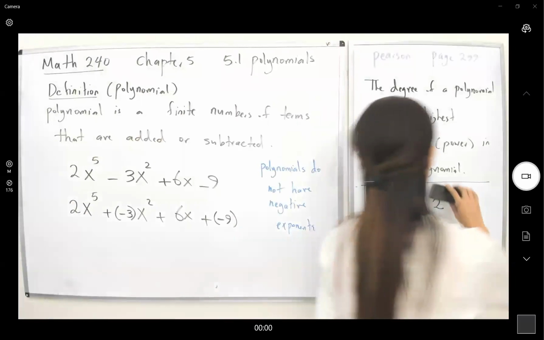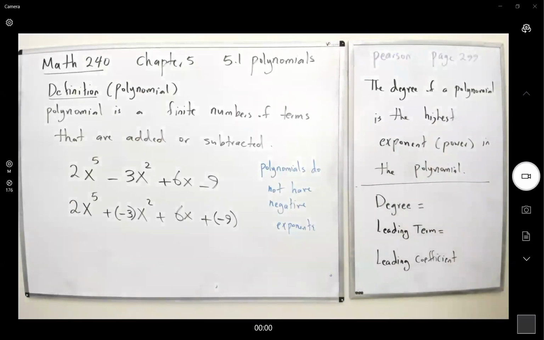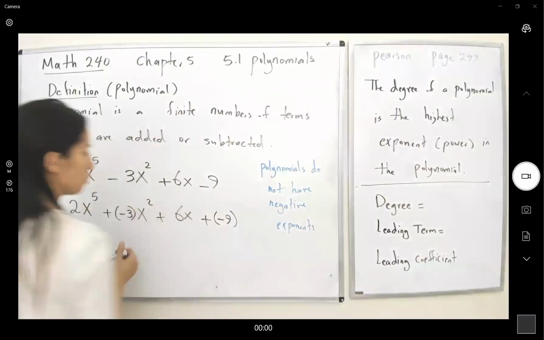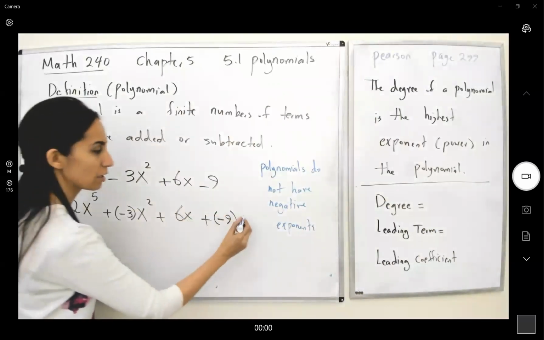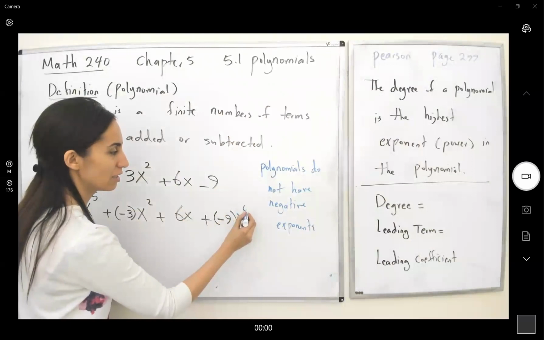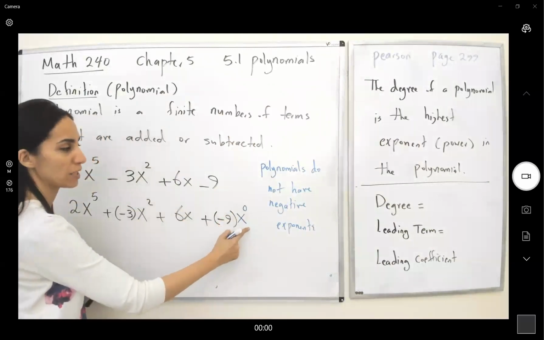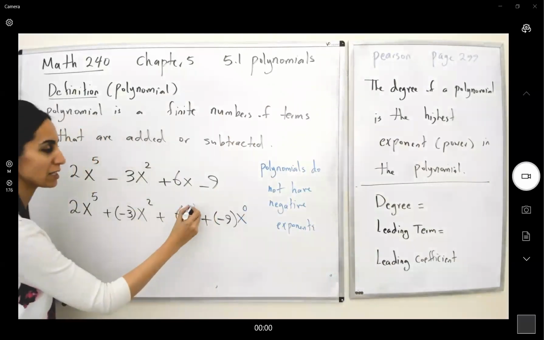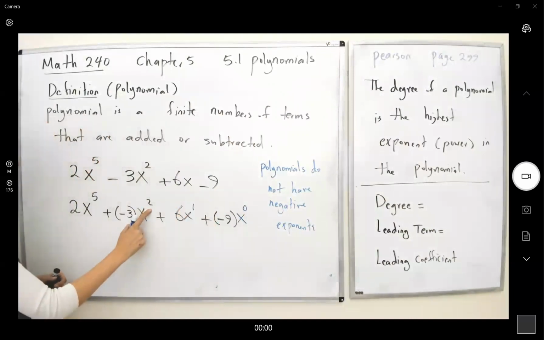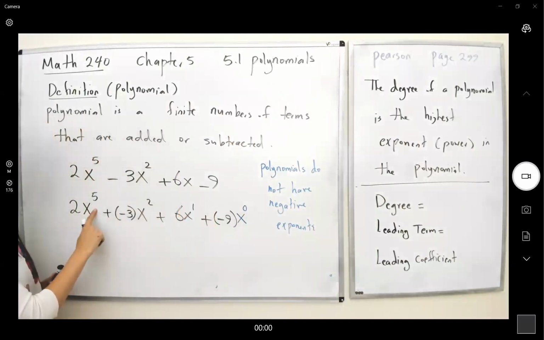Well, the degree of the polynomial is the degree of the term with the highest exponent. So again, the constant term is -9 times x to the 0. The invisible exponent is 1, then you have 2. You also have exponent 5.